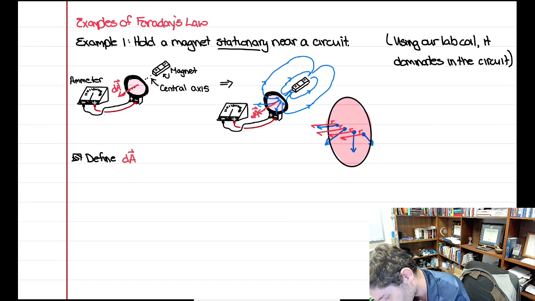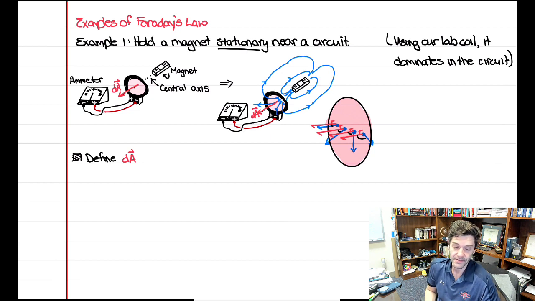In which case, because the magnetic field is changing, the angle between these two things is different in different areas.